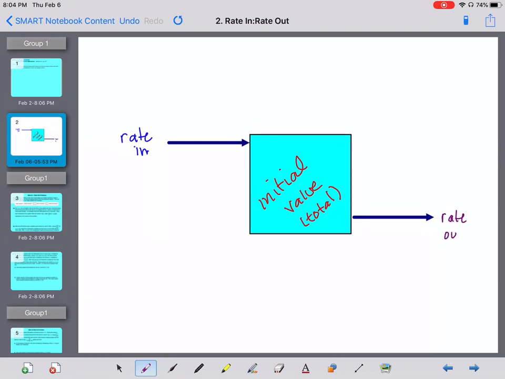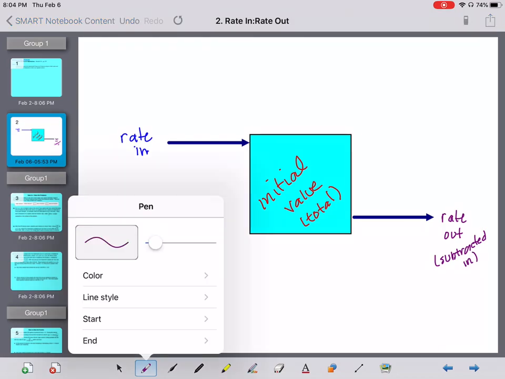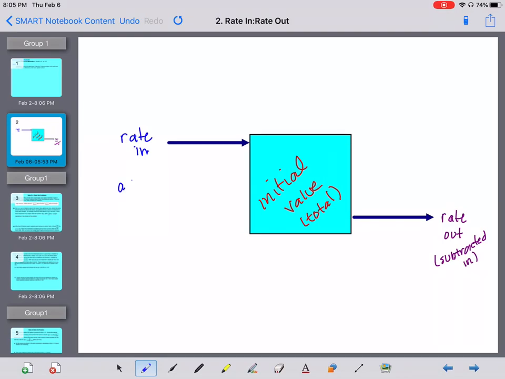A rate in is something being added, a rate out is something being subtracted. Our rate out is causing our initial value to become smaller. Our rate in is going to be added in, making our initial value get bigger.